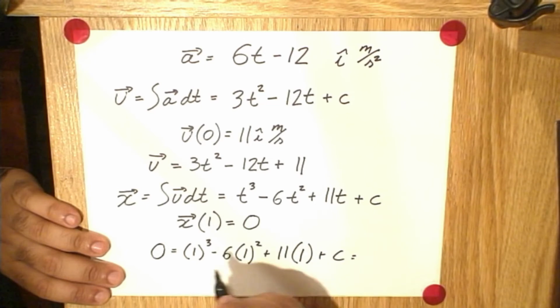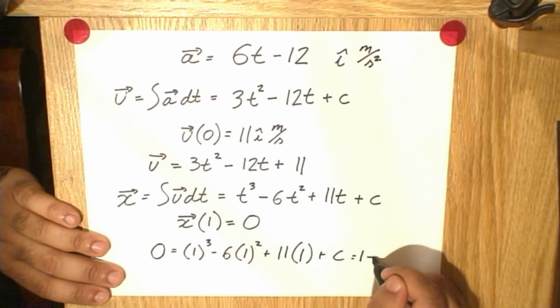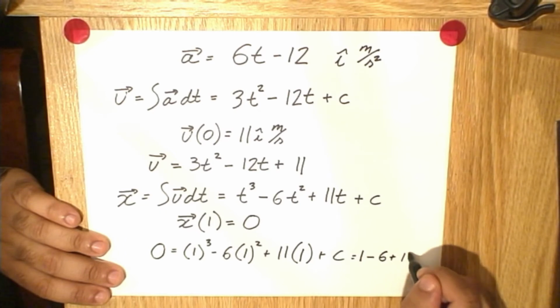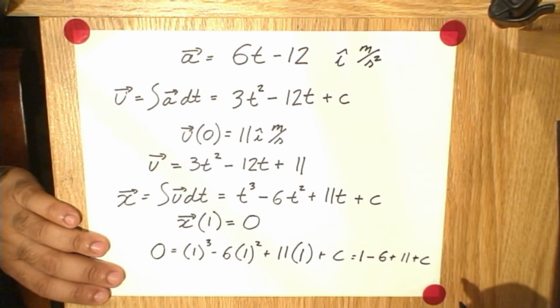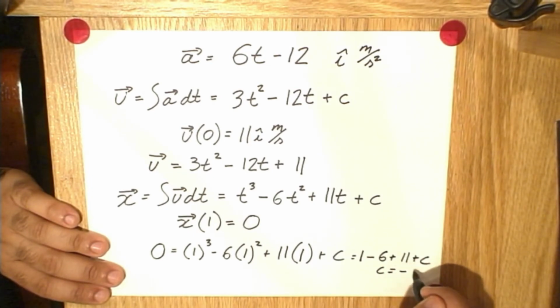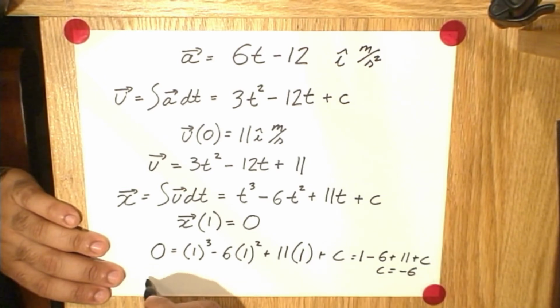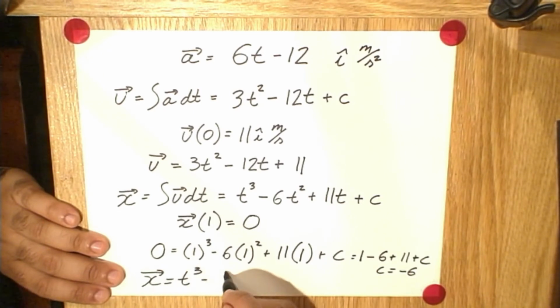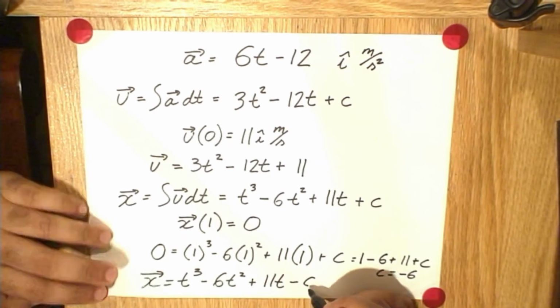Work all of this out and you get 1 minus 6 plus 11 plus c. Since 0 is equal to 1 minus 6 plus 11 plus c, 1 minus 6 gives us -5, plus 11 gives us +6, so c is equal to -6. So that gives us an overall equation of x is equal to t cubed minus 6t squared plus 11t minus 6.